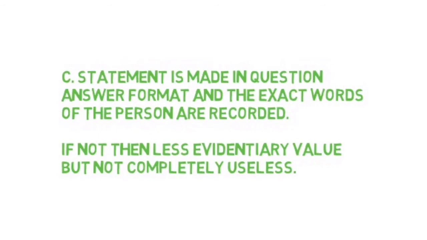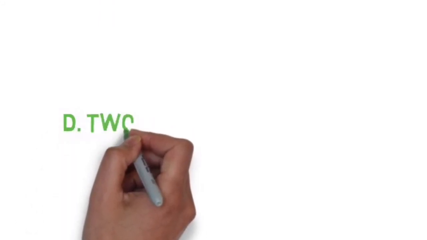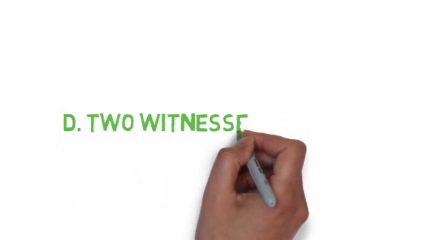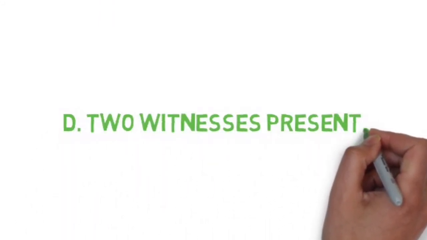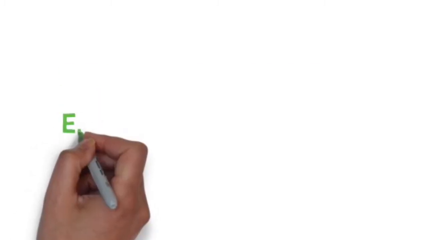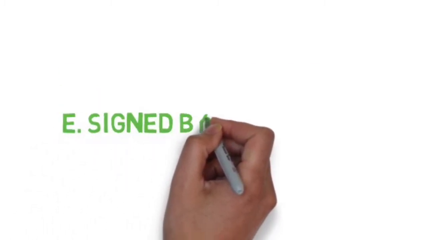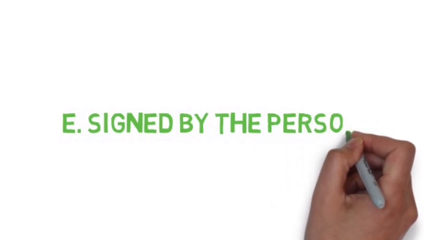So overall, it can be utilized, but it might affect the evidentiary value of the statement. D. It is best if there are at least two witnesses present. E. Lastly, the statement must be signed by the person who made it, without which the court will be very hesitant to use the statement.